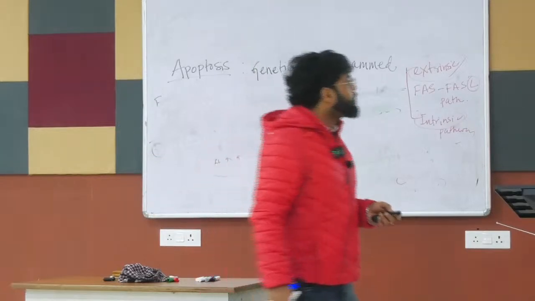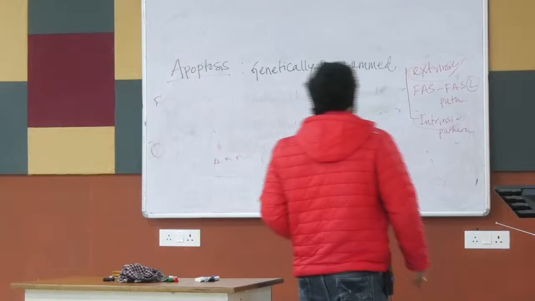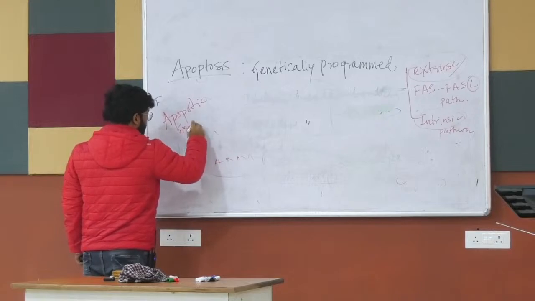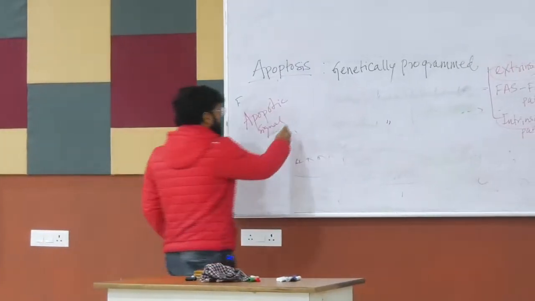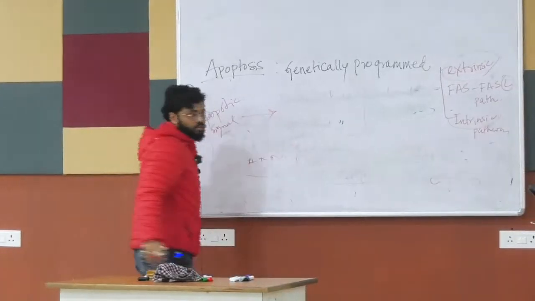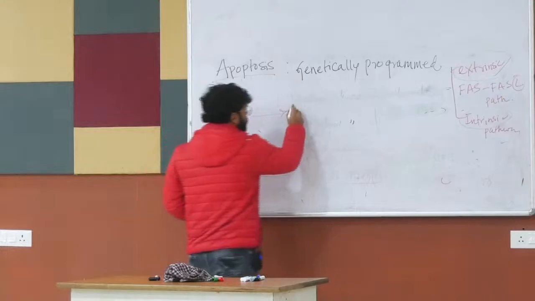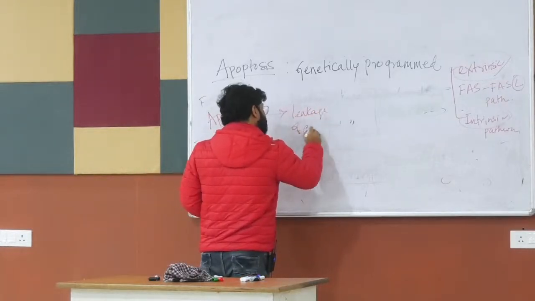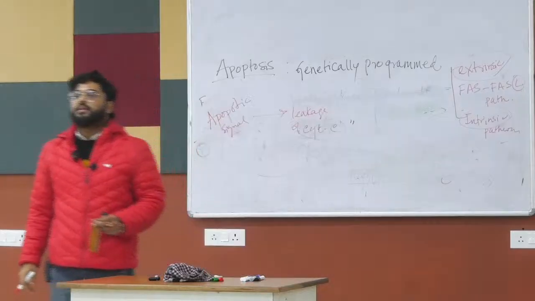So when the apoptotic signal is coming from within the cell, there is leakage of cytochrome C from the inner membrane of mitochondria.